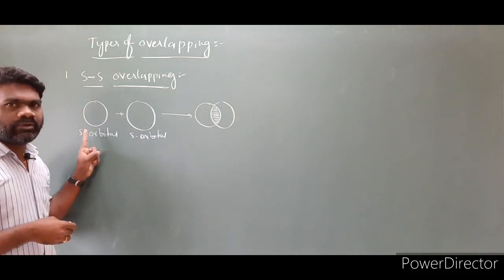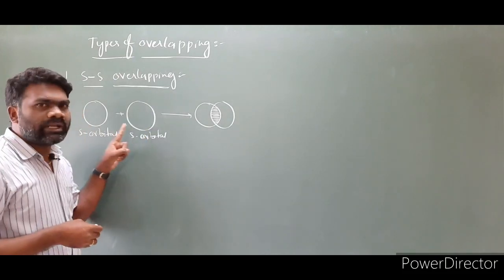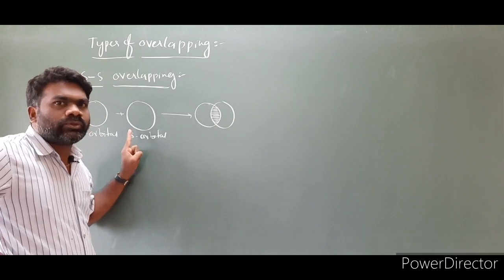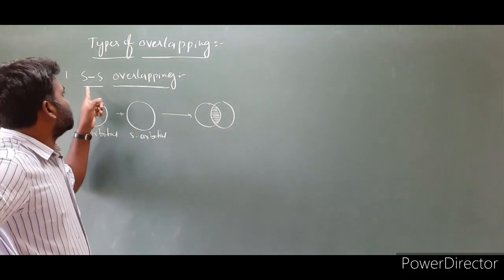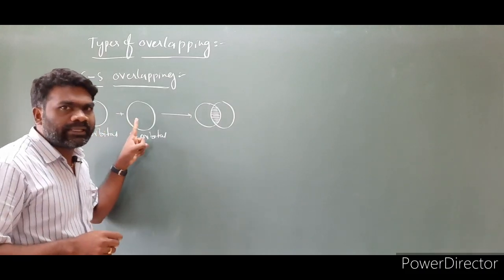So this is the s orbital of one atom, this is the s orbital of another atom. Simply, this overlapping takes place between half-filled s orbitals of two approaching atoms. This type of overlapping is called SS overlapping. Simply, s orbital overlaps with s orbital.